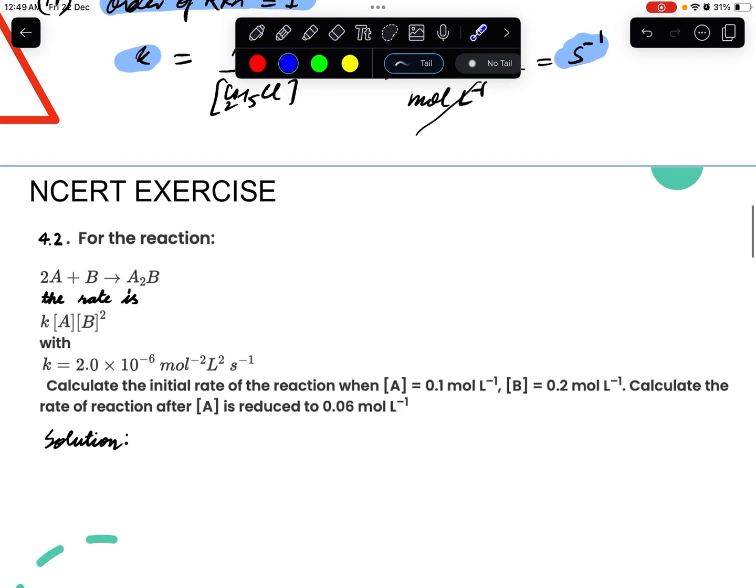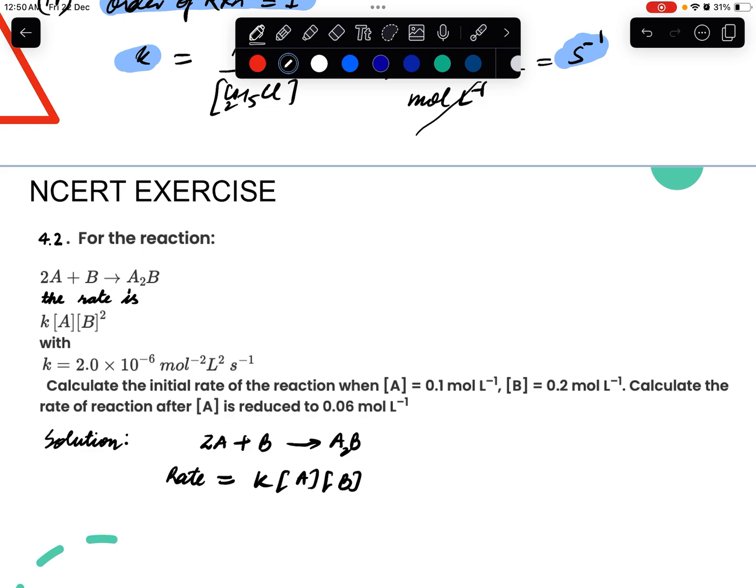In the second problem, they have given a reaction, 2A plus B giving A2B. For this, the rate is given as rate equals K, concentration of A, and concentration of B raised to the power 2.